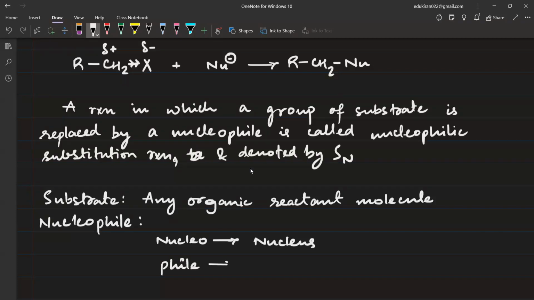The meaning of phile is loving. So this means that these are nucleus loving, that means positive charge loving. So obviously they are going to be negatively charged or electron rich. Okay. So these are electron rich species.